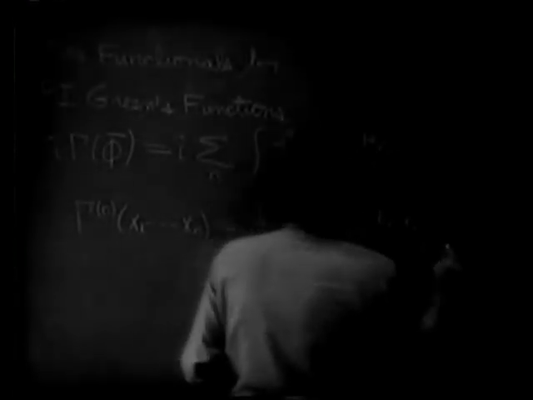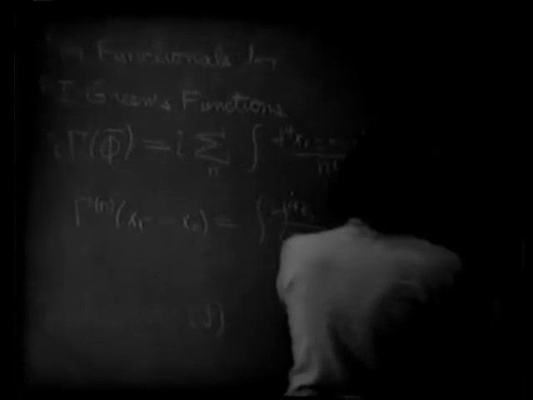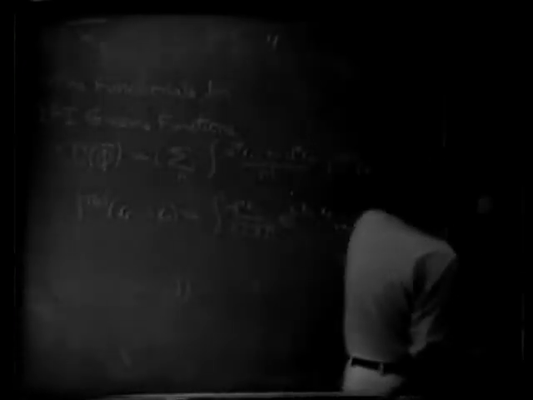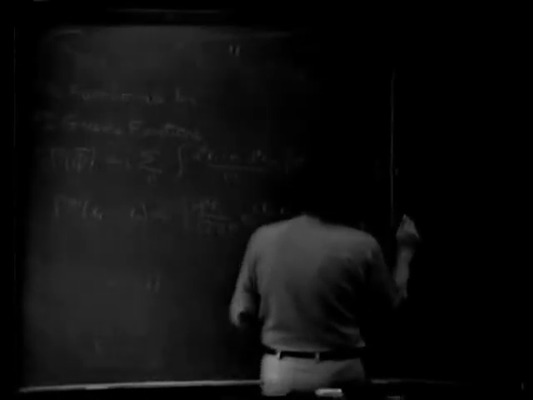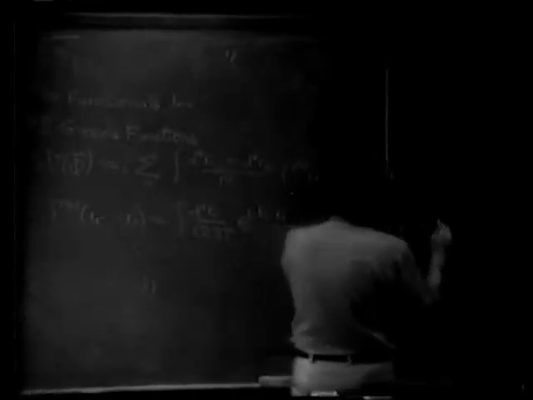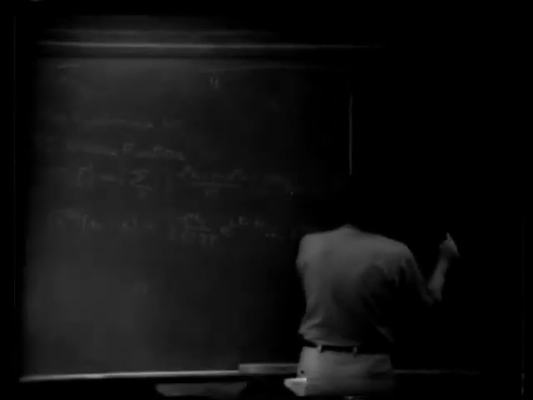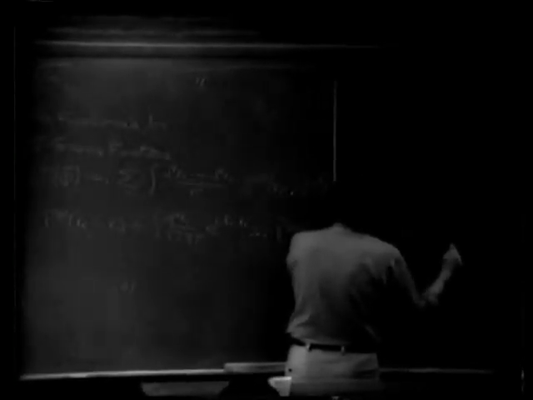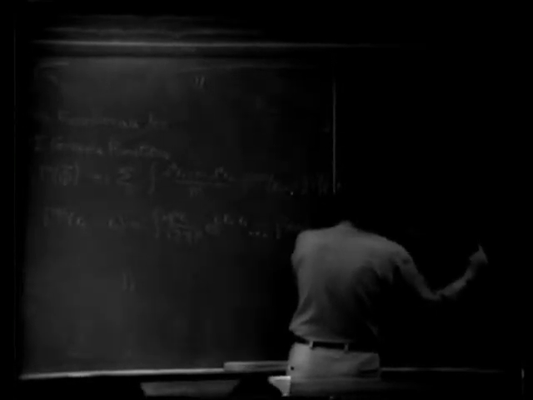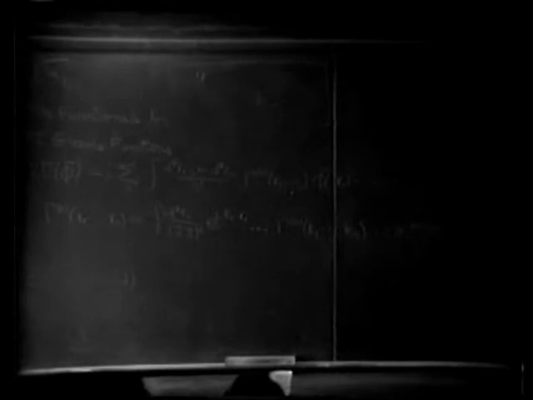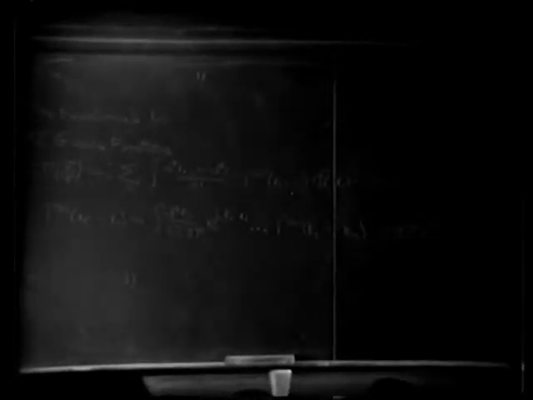Dot dot dot gamma n twiddle of k1 through kn. And just for convenience, I'll insert explicitly the energy momentum conserving delta function in my definition, just so in later manipulations I don't have to continually divide it out.